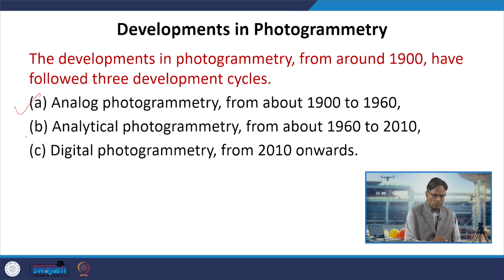Then from 1960 to 2010, analytical photogrammetry was developed, where a lot of instrumentation helped in interpretation of the photograph, creating various kinds of maps and stereo models from the photographs. Then later on, from 2010 onwards, we had digital photogrammetry, where paper photographs were replaced by digital photographs, and the software came and the data started being analyzed through the software, and elevation models were created with the help of that.